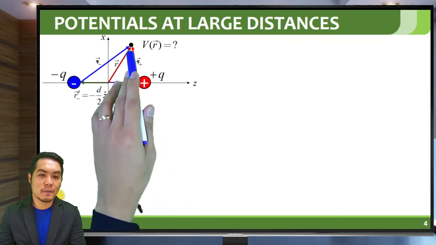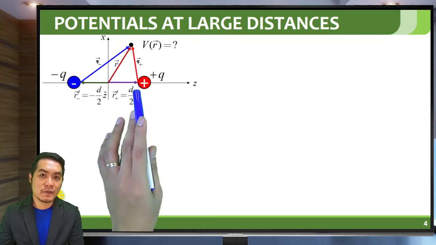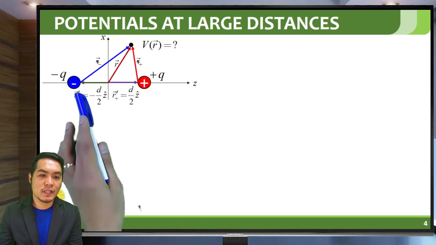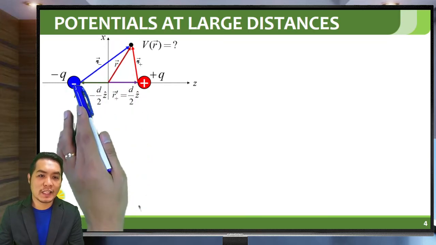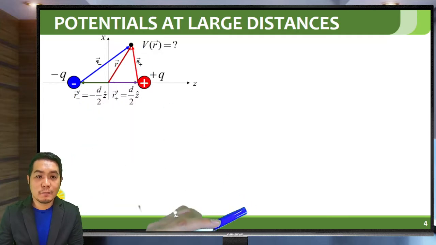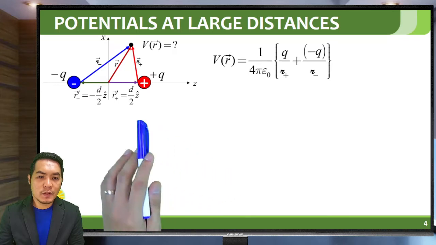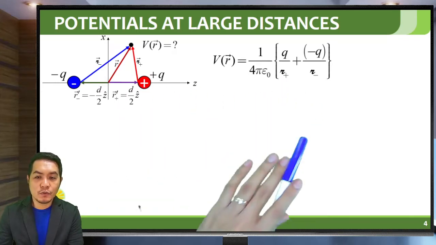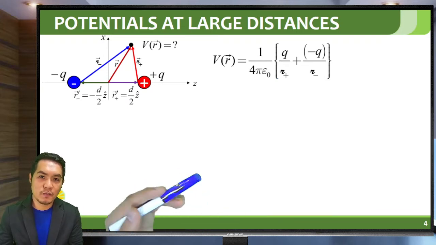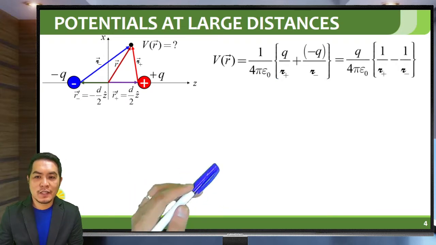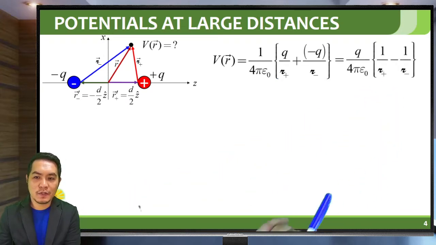Curly r plus is the separation distance from our positive charge to our field point, curly r minus is the separation distance from the negative charge to our field point located at r. So you will notice that the potential is just due to 2 point charges, kq over curly r plus, minus kq over curly r minus. And in this case, we can simplify it to this.